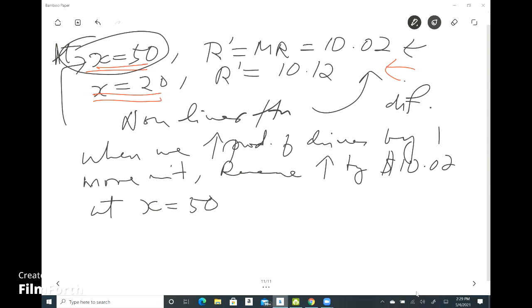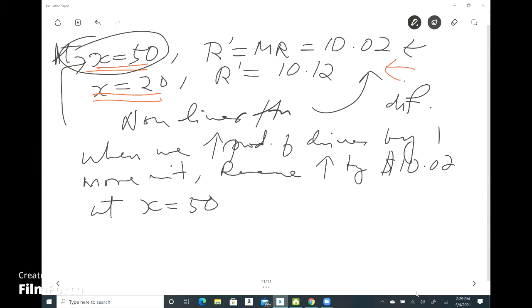So given the output level is 50. Or you can just say when drive increases by 1 more unit, the revenue will increase by $10.02 at x equal to 50.